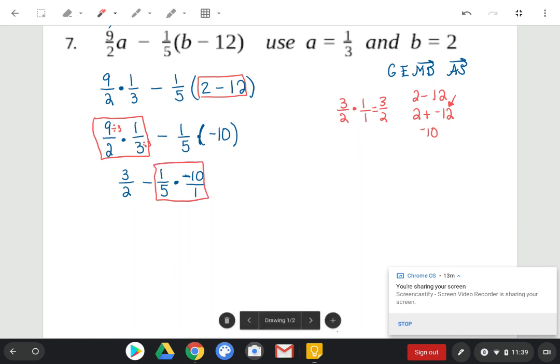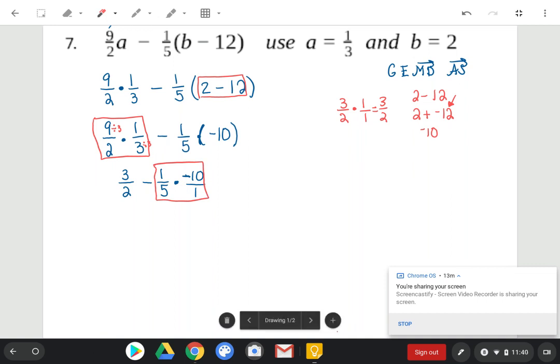1/5 times negative 10. So we're going to have to be careful here because A, we've got to deal with the fractions, and B, we've got to remember our sign. We are multiplying a positive 1/5 times a negative 10. A positive times a negative is a negative.